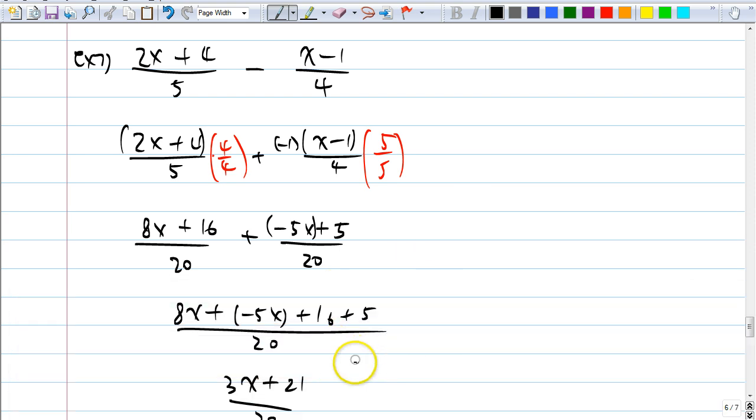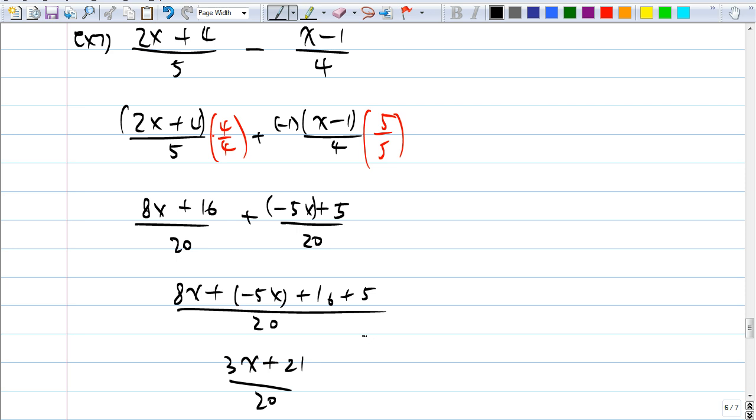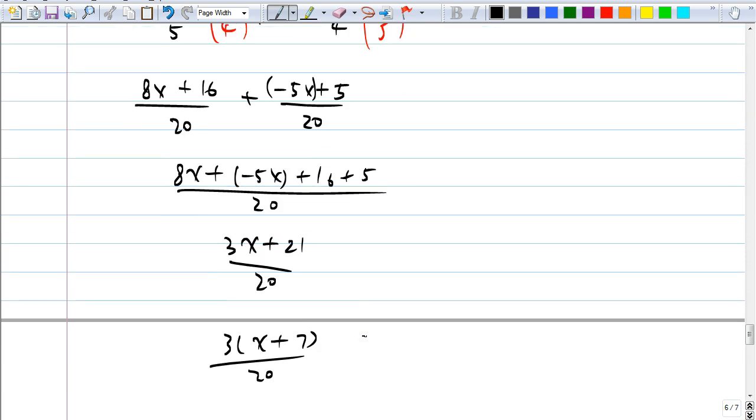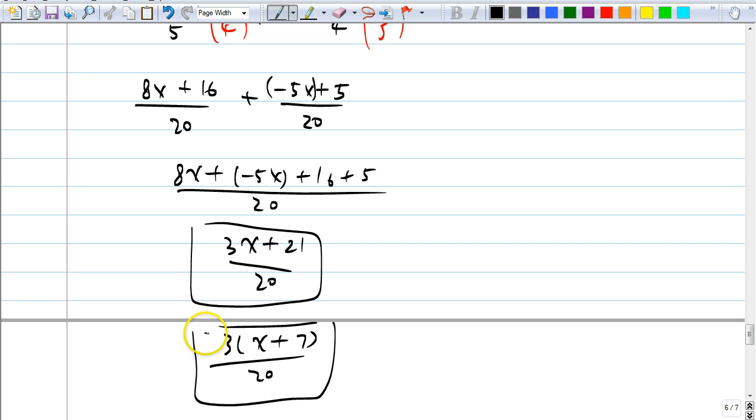3x plus 21 over 20 is correct. How many people got 3x plus 21 over 20 as the answer? Very good. Now, did anybody factor the numerator? Because you could. I did, so you get 3 times x plus 7 over 20. Does that help us to simplify further? No. Not really. 3 doesn't go into 20, right? So you could just leave it this way, or leave it this way, but it's sort of nicer to leave it factored.